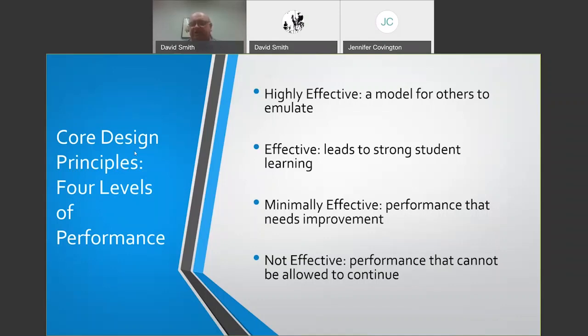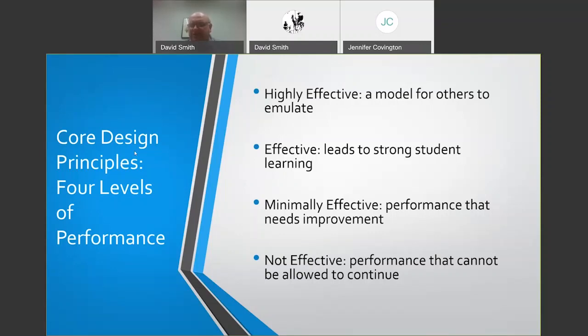In the handbook, it further defines those four performance levels and gives you more information about how we look at what highly effective, effective, minimally effective, and not effective means. And so by sharing those with your principals, then they know what targets they're shooting for.